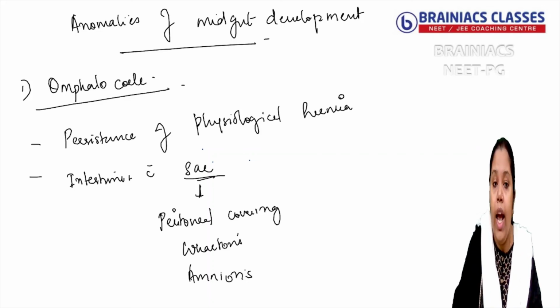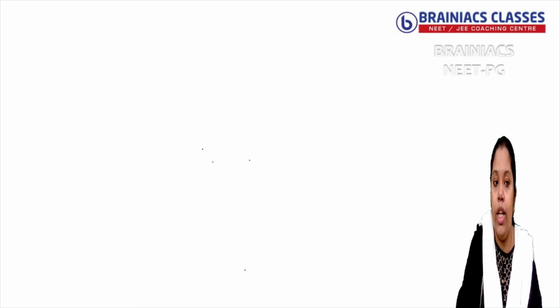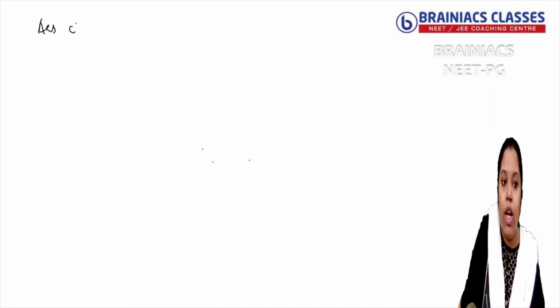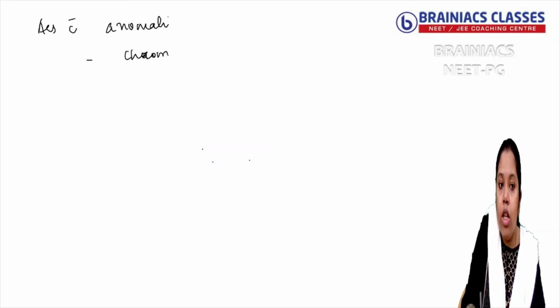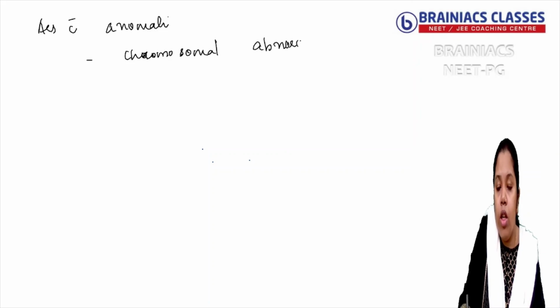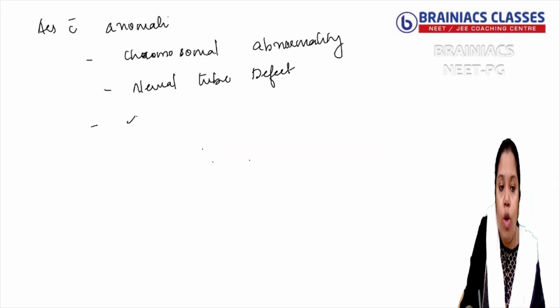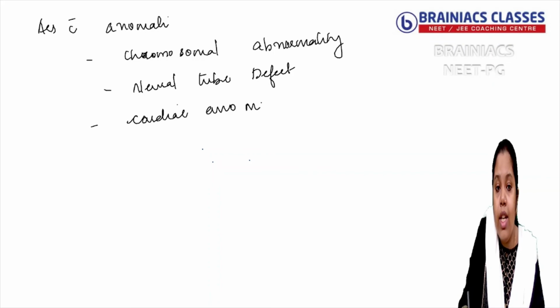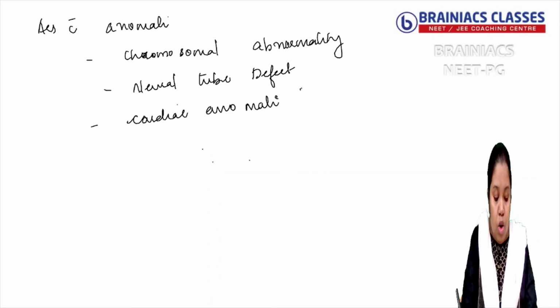Along with this physiological hernia, it is associated with other anomalies like chromosomal abnormality, neural tube defect, and cardiac anomalies. So these anomalies are seen associated with the omphalocele.